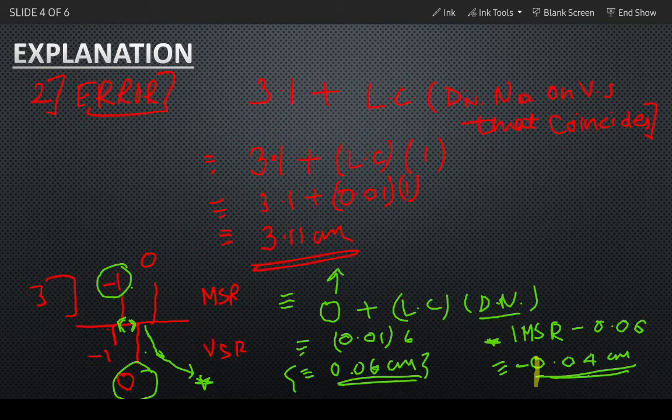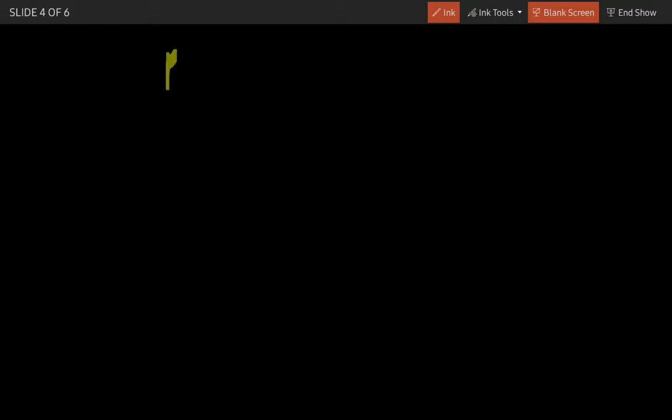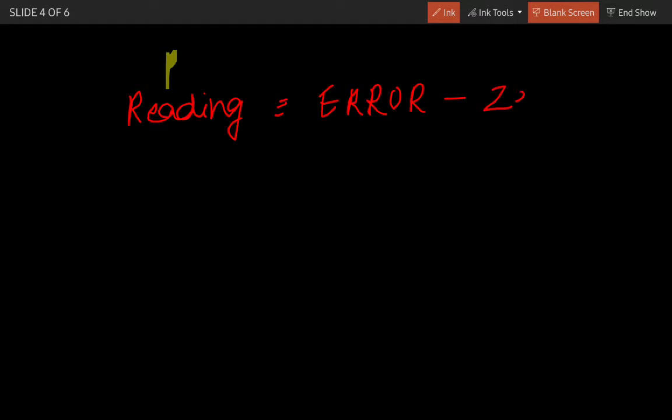Okay, so we have finally reached the final step of our answer. We have calculated all the steps. So finally, the final reading will be reading minus zero error.